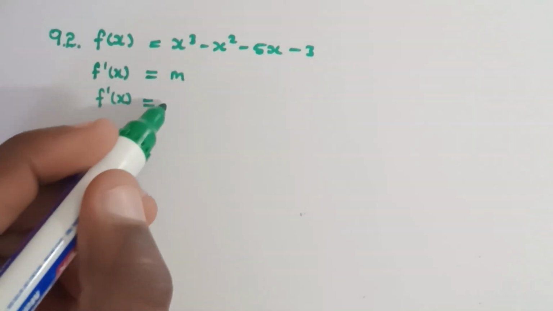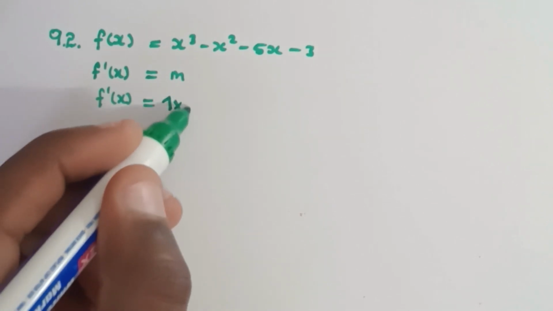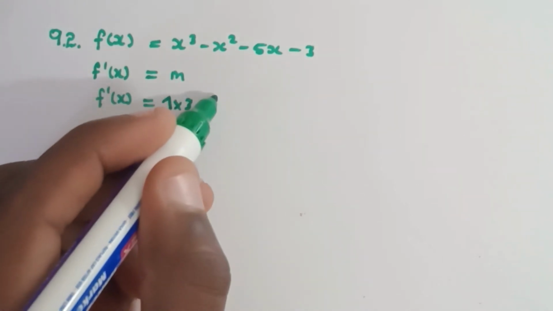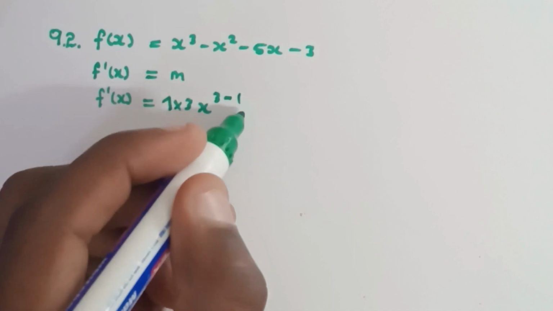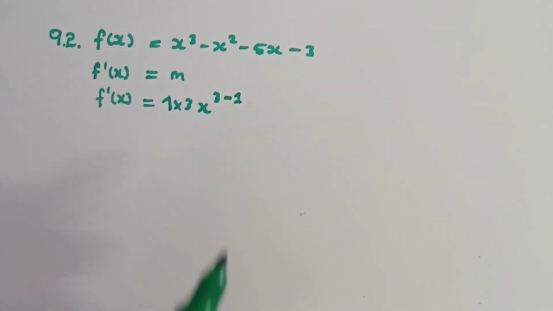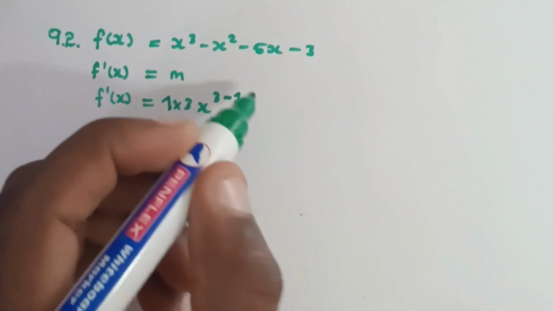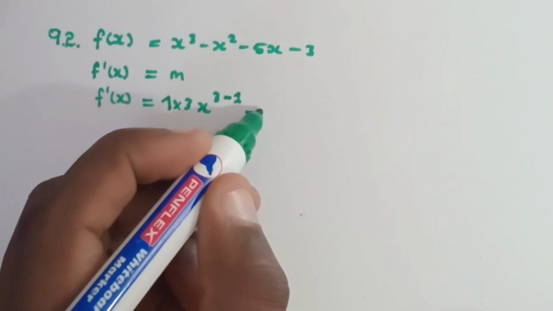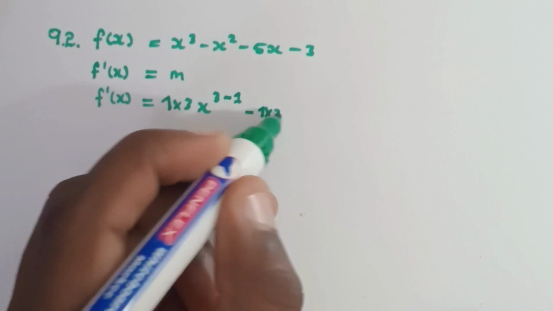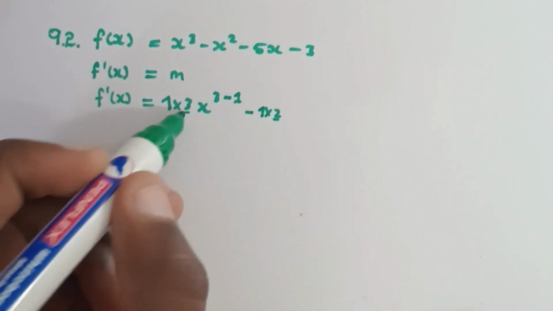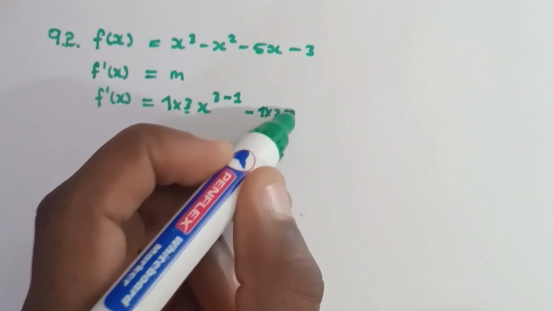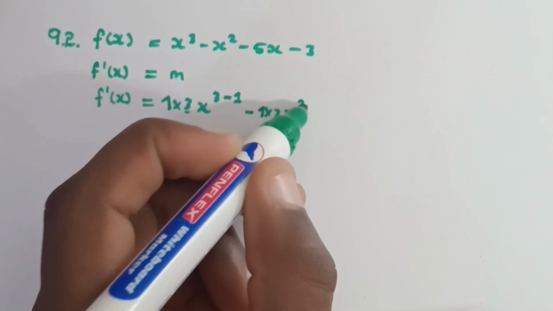So we say 1 times 3x and then 3 minus 1. You see what we've done here, and then negative 1 times 2, that is the power, and then x to the power 2 minus 1.